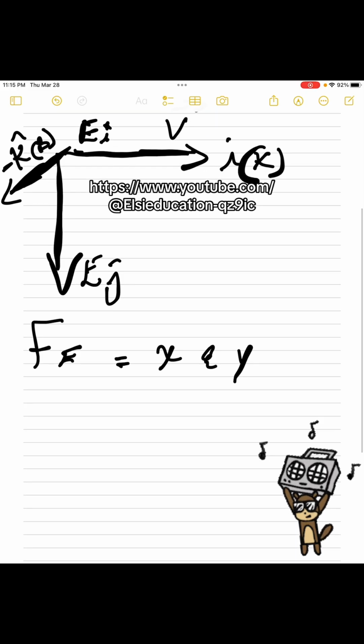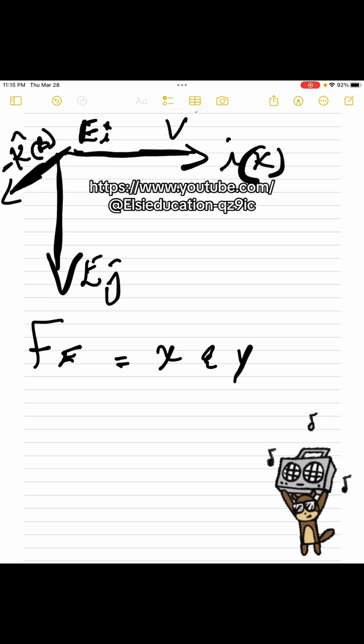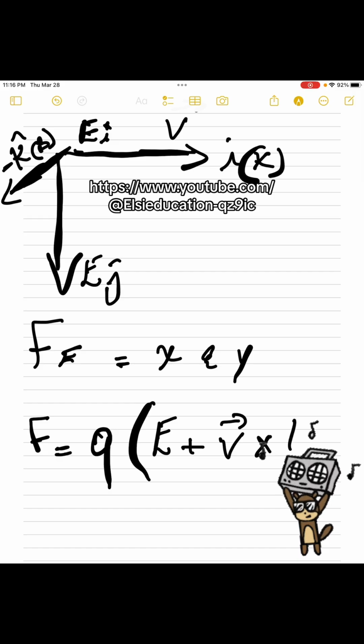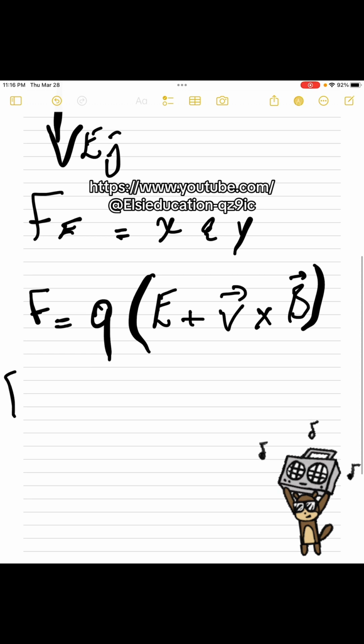So if you use this equation, and that's the charge multiplied by the electric field plus the speed multiplied by the magnetic field, the force will be equal the charge, that's 1.6 times 10 minus 19.